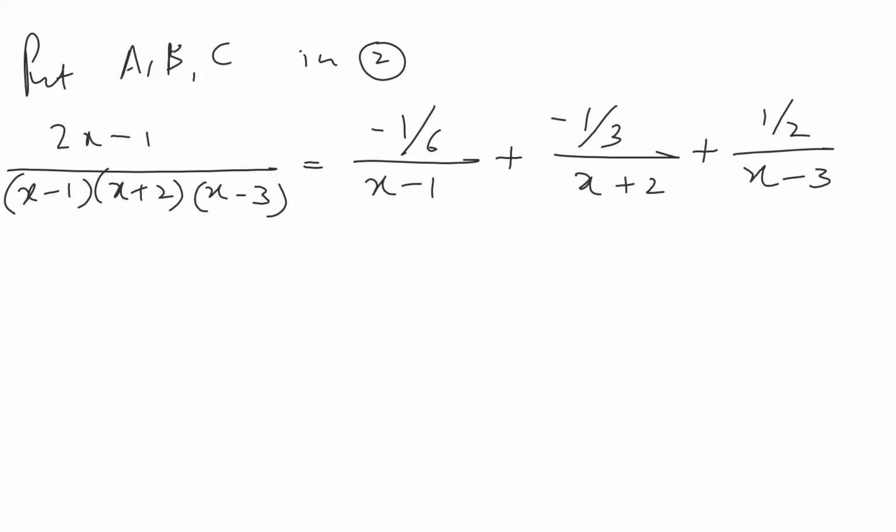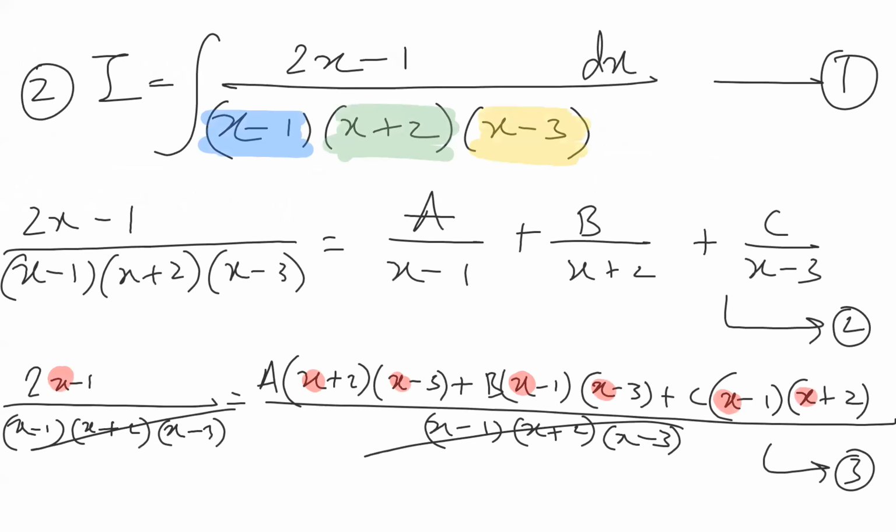So these are the values of a, b and c, right? Now take a look at equation number 1. In short, we have calculated this value. We have not integrated; we have applied the method of partial fractions, and calculated this particular value of 2x minus 1 upon x minus 1, x plus 2, x minus 3.